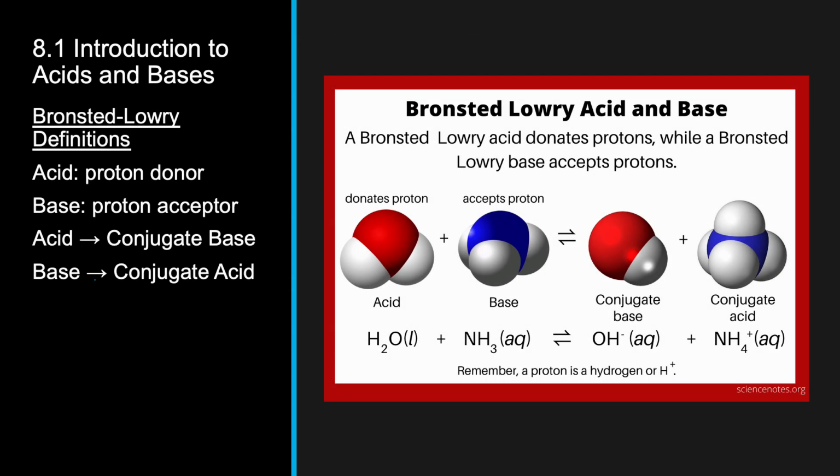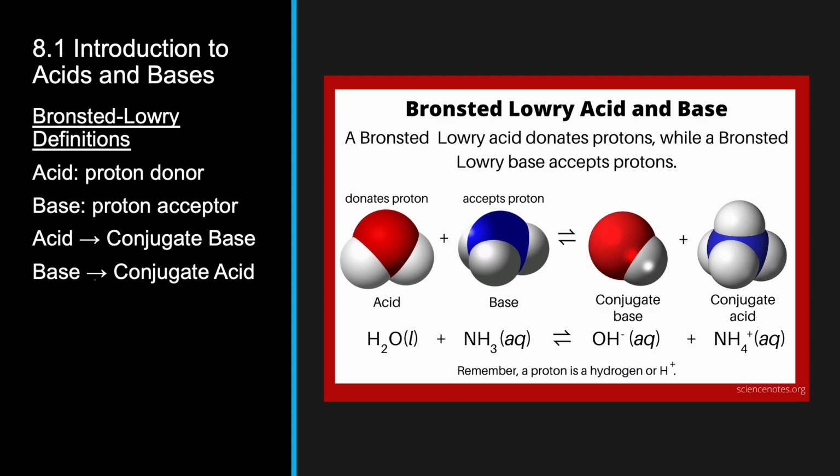Thinking back to our introduction to acids and bases in Unit 4, you do need to know the definitions of a Bronsted-Lowry acid and a Bronsted-Lowry base. There are a few different types of definitions of acids and bases, but AP Chemistry uses this one specifically. So a Bronsted-Lowry acid is a proton donor.